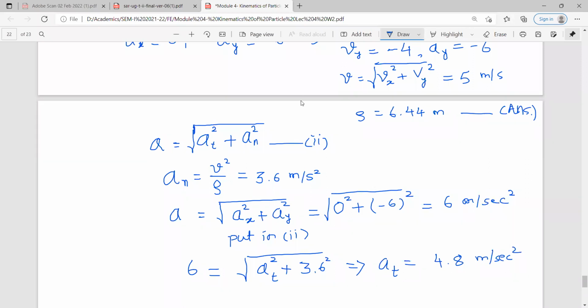So I think you have found all. You had to find the normal component, you found the tangential component, as well as the radius of curvature.